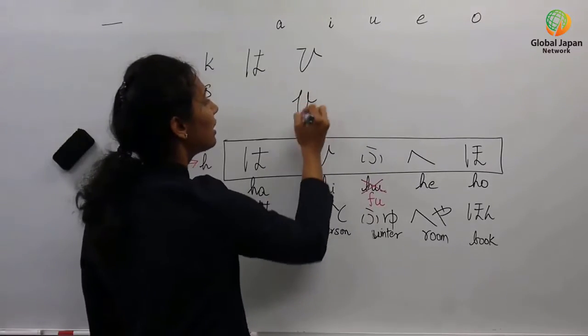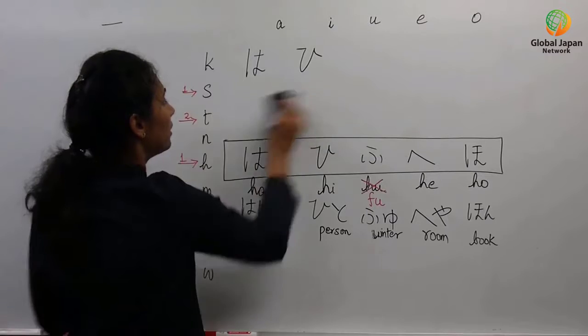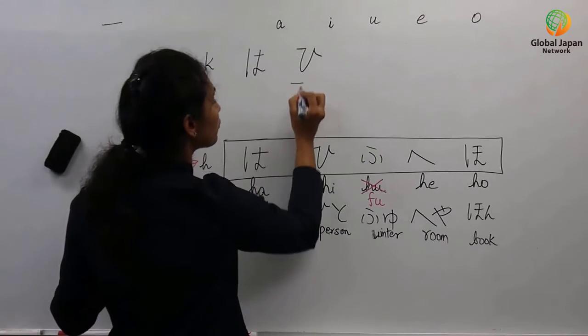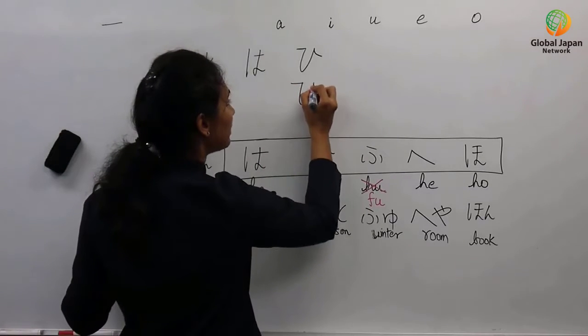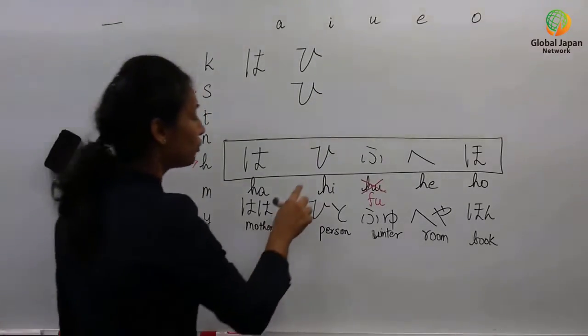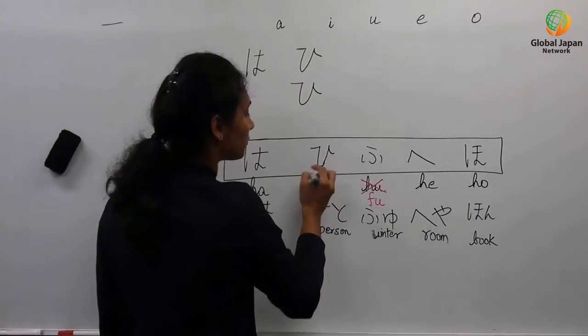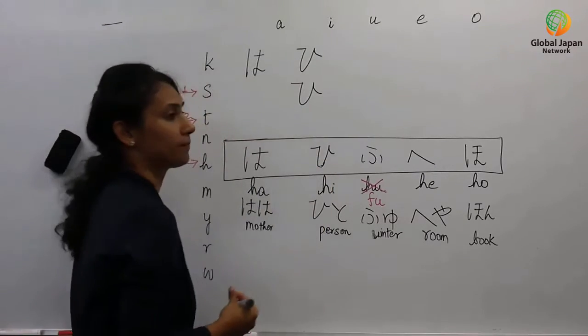It's not like this. This line is not to be curled up. Only the second line gets curled up. And next thing, this should be a smooth curve here.